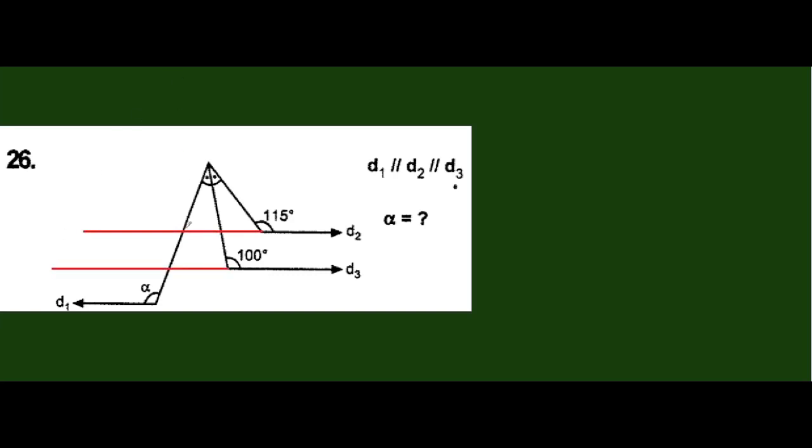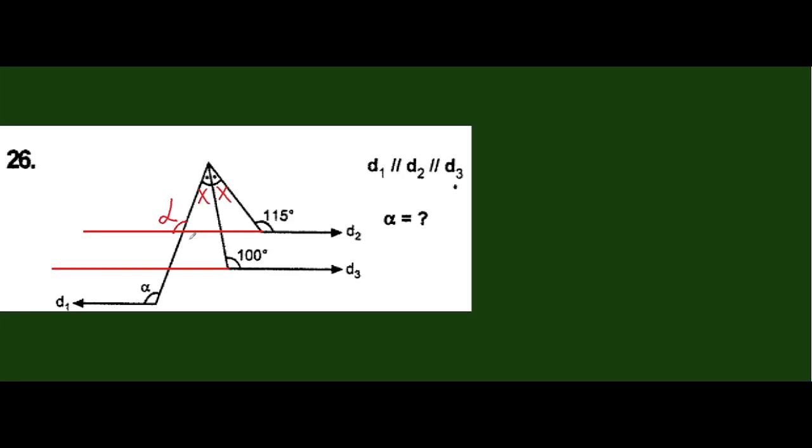So if D1 is parallel to D2 and also parallel to D3, we can write down this angle as alpha here, and this is x, let it be.